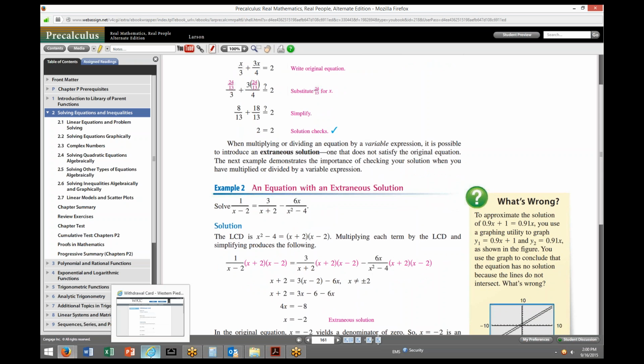And that means when we multiply the equation by the expression with that variable in there, there is a good chance, not necessarily, but a good chance we're going to introduce what algebraically appear to come out as solutions of the equation, but they really are not, because we've multiplied the equation by the variable, and that caused some bogus solutions to show up. So here's an example of one of these.